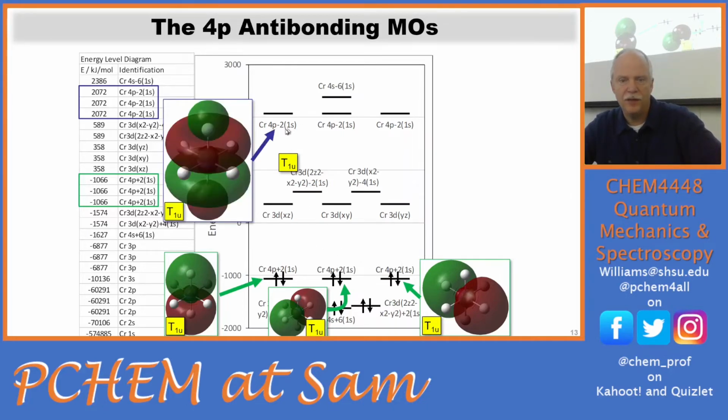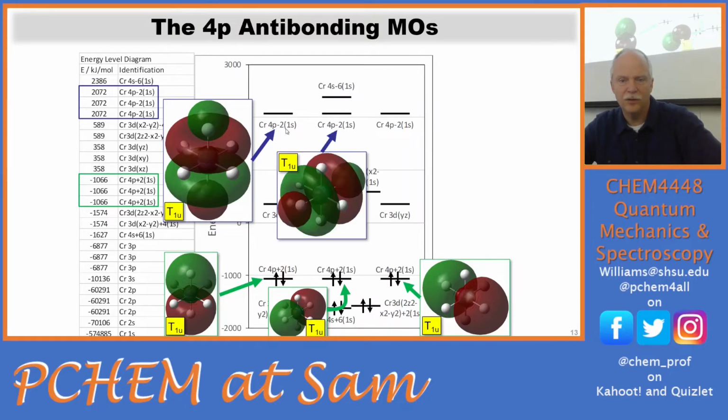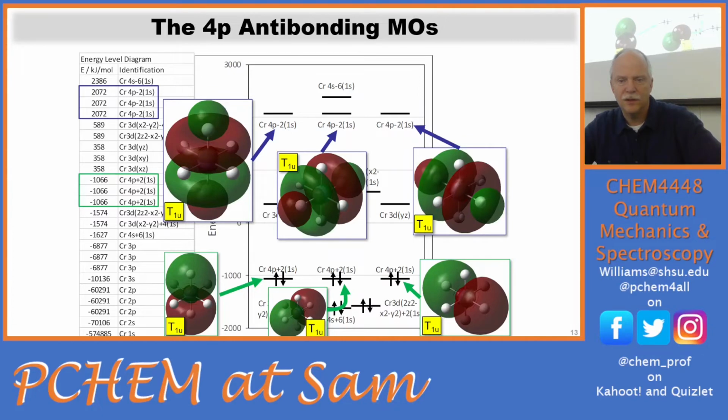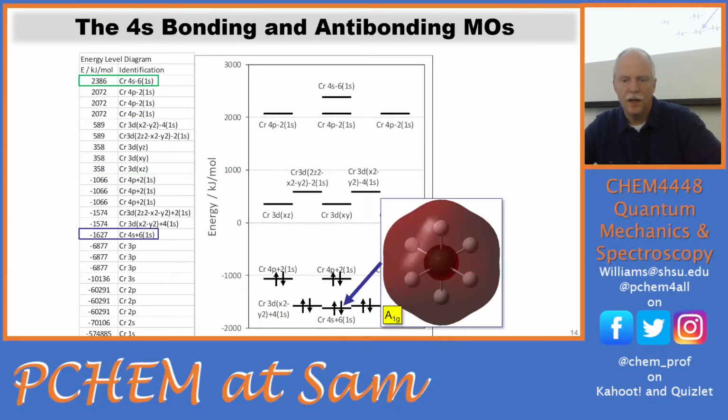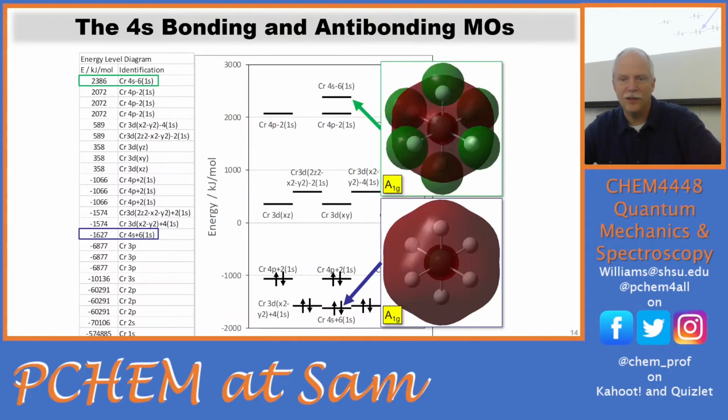And then up here we have the 4p out of phase with the s orbitals. And so you see that the p orbitals have kind of been squished like donuts, and it's out of phase with the s orbitals. And then that s orbital is either in phase with all 6 hydrogens or out of phase with all 6 hydrogens.